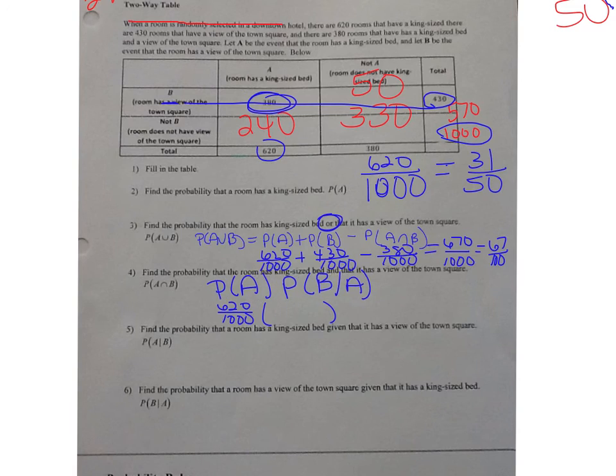Given A. I want the probability that it's a room with a view of the town square, given that it's a king-size bed. So that's 380 over 1,000, which you can plug in your calculator, and it reduces to 19 over 50.